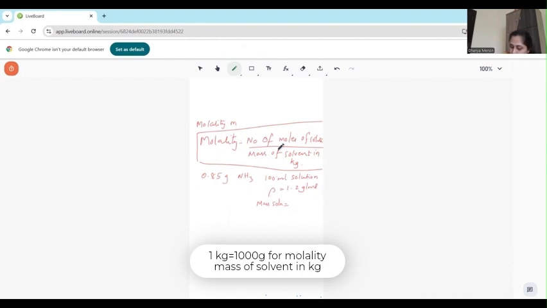Volume is 100 ml times 1.2 grams per ml. So does it give you 120 grams of the solution? You know the mass of the solution, you know the mass of the solute. So how can you find the mass of solvent? 120 minus how much?